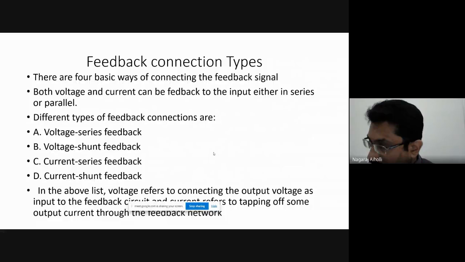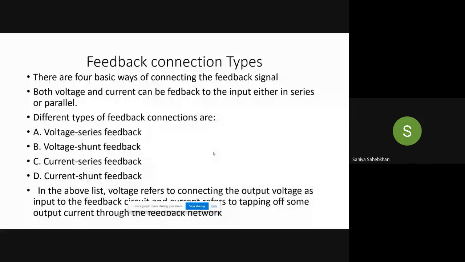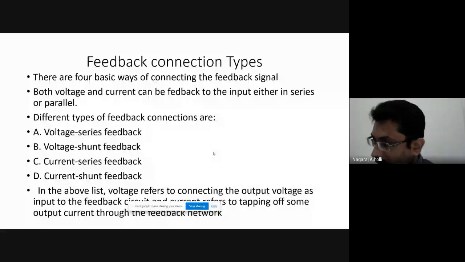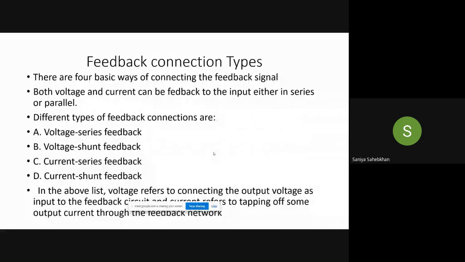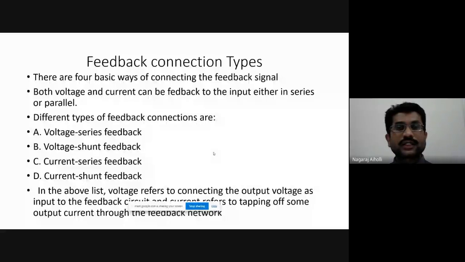Sania? Yes, sir. Anything not understood, Sania? No, sir. Understood. Okay. Tejas?